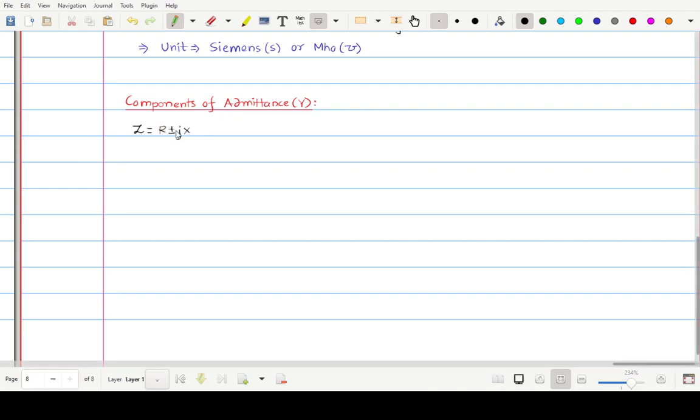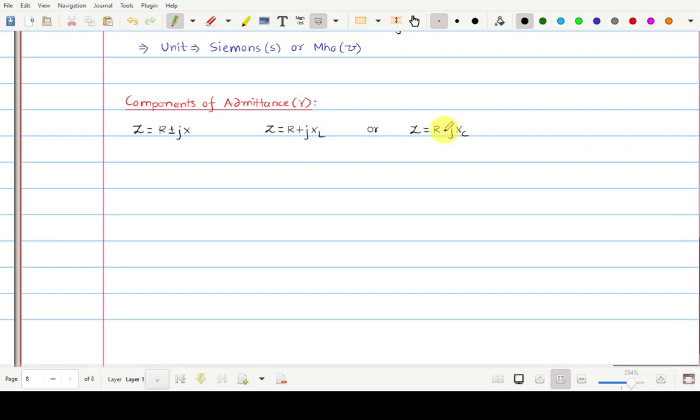Okay, so if it is plus, it means it is inductive reactance. If it is minus, it means it is capacitive reactance. Okay, so we can write two conditions here. So Z can be R plus jXL. If it is plus, it means inductive reactance. If it is minus, it means capacitive reactance. So minus jXC.